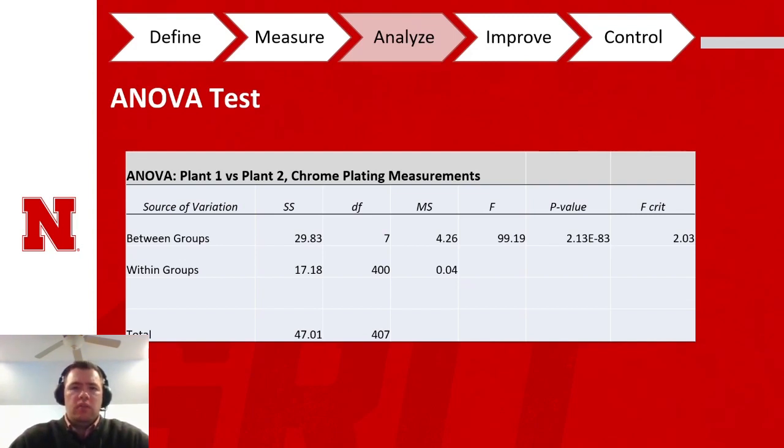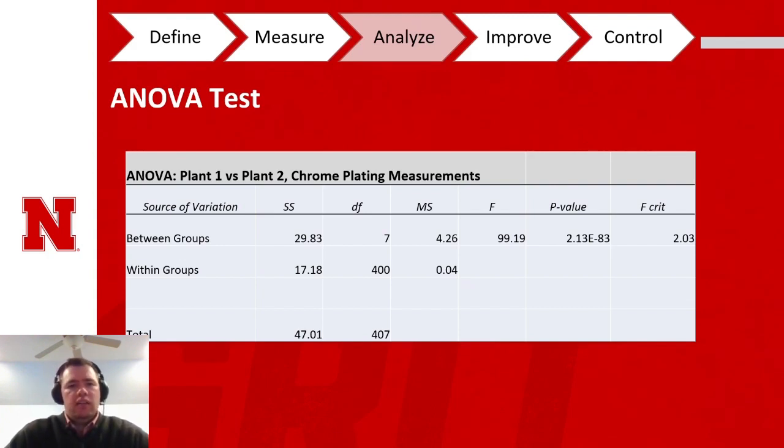Both plants were using the same recipe as far as concentration and formulation for the metal deposition. And so to try and tease out any variation in the process, this ANOVA was done to hone in on and identify variation in chrome and nickel plating on a plant-to-plant level.